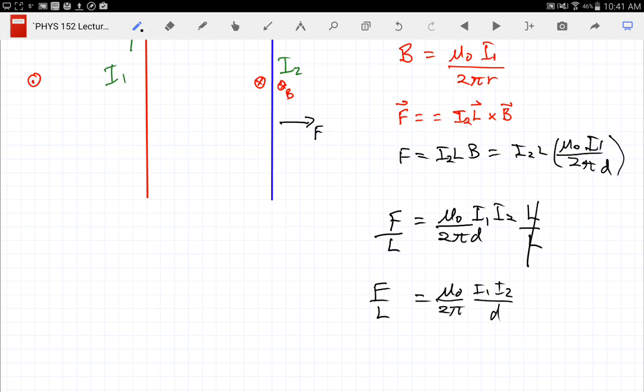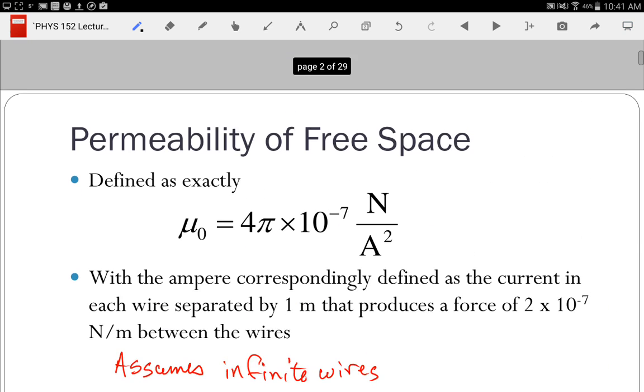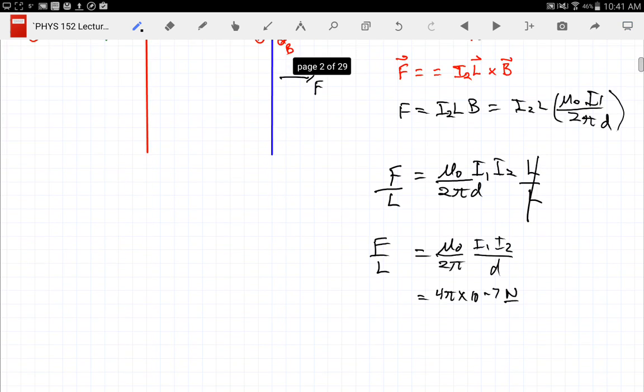And now we can see how it works out if our distance is 1 meter and we define I as 1 amp. What force will it give us per meter? 4 pi times 10 to the minus 7. What were the units of mu naught? Newtons per ampere squared.